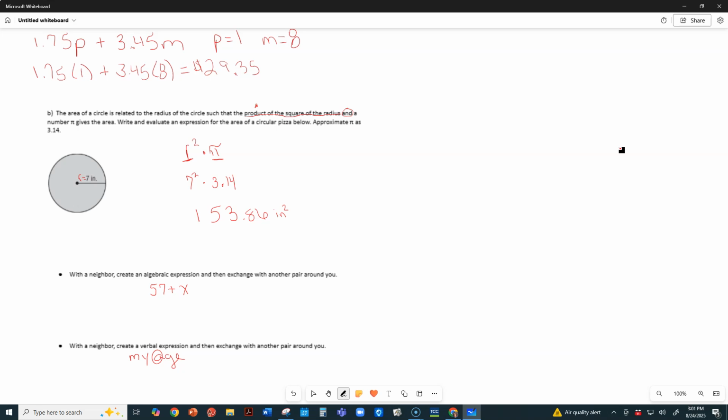My age, which is 57, plus my neighbor's age, comma, X. So that just says that my age is 57 plus my neighbor's age, and I'm going to tell you what variable to use for my neighbor.